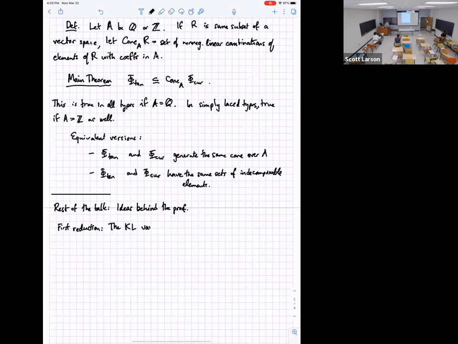The KL variety, I'm going to say Y of WX. It's XW intersect an opposite Schubert cell at X. In other words, more concretely, it's XW intersect with U applied to XQ.